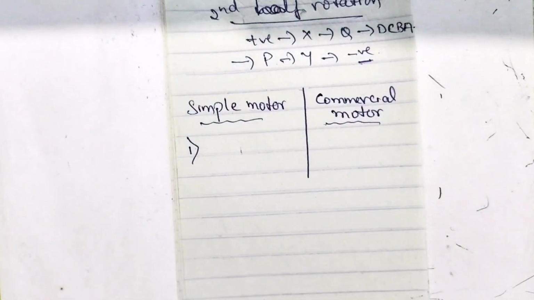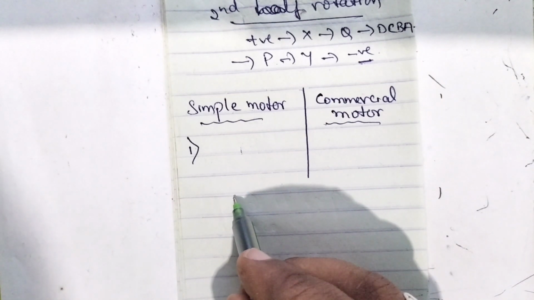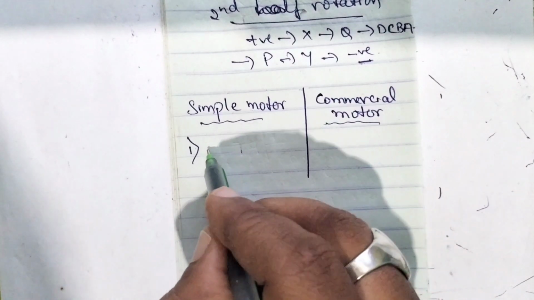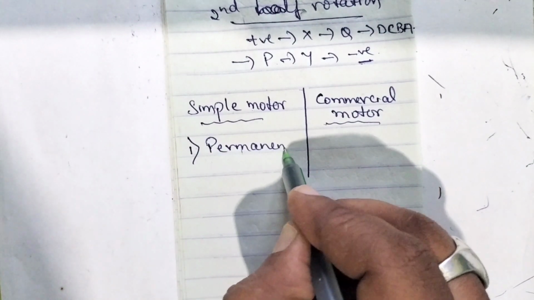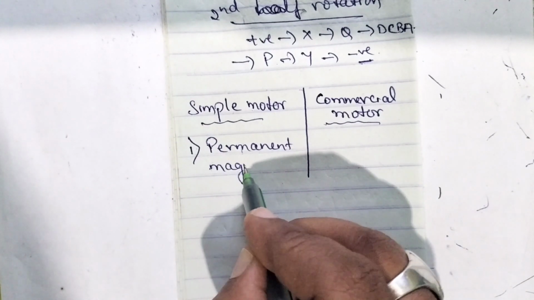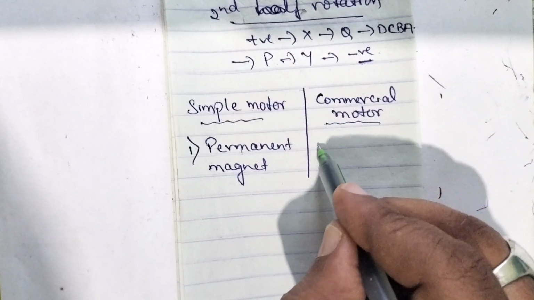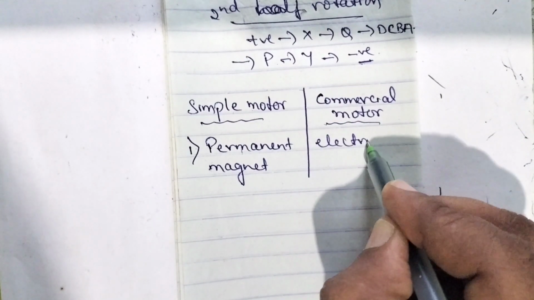The first difference between simple motor and commercial motor is that a simple motor is made up of permanent magnet, but a commercial motor is made up of electromagnet.